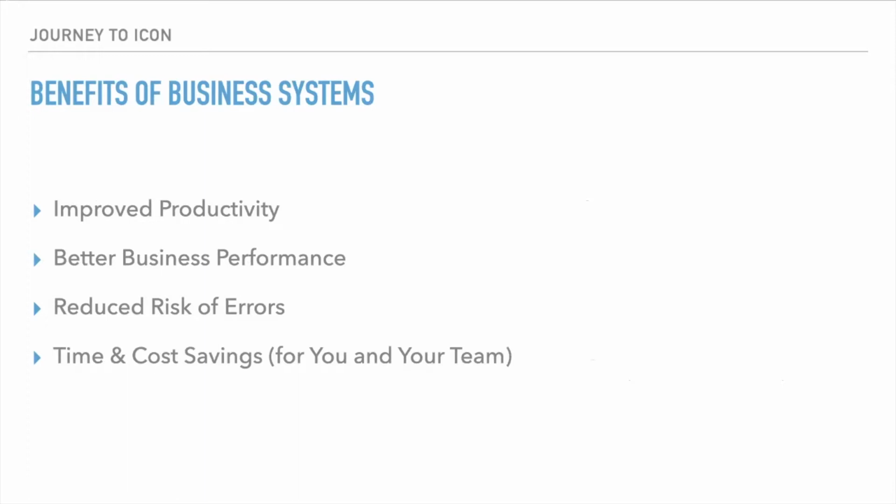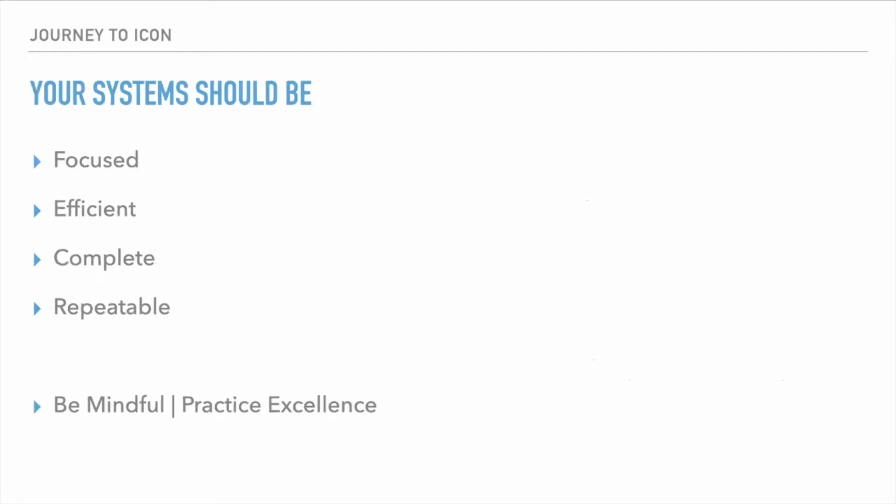Improved productivity, better business performance, reduced risk of errors, and time and cost savings for both you and your team if you have one. Your system should be focused, efficient, complete, and repeatable. Always be mindful and practice excellence in everything you do.